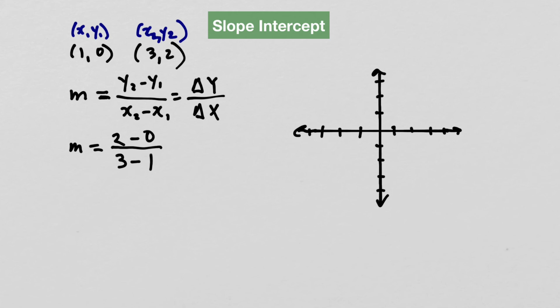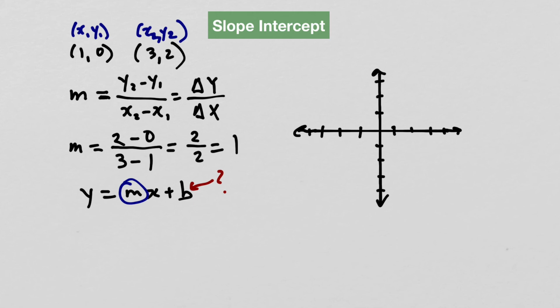Now solving for m, we get 2 over 2, which is equal to 1. So now we know what m is, but we don't know what b is. We need to solve for the equation y equals mx plus b. For the equation of a line, we have m, we got this. Now we just need to solve for b.